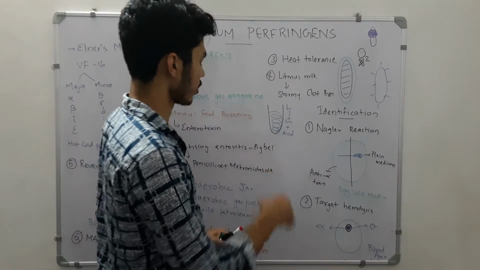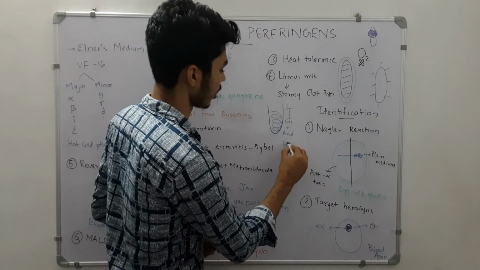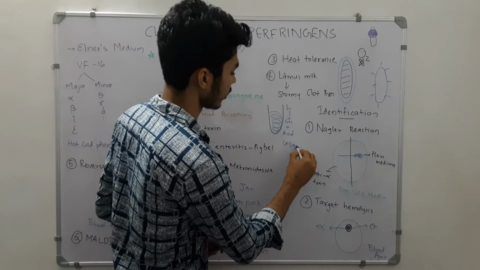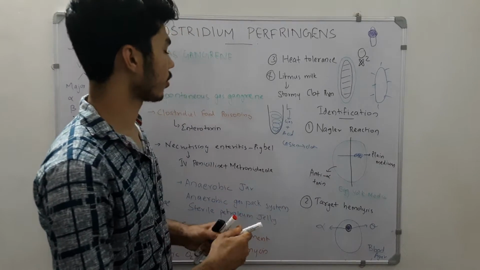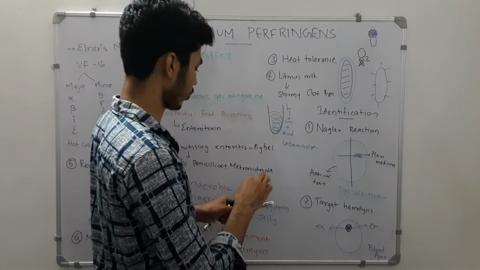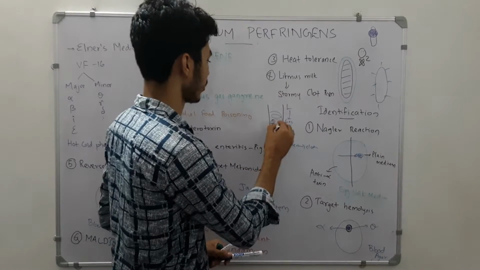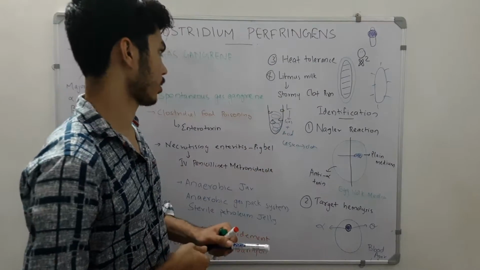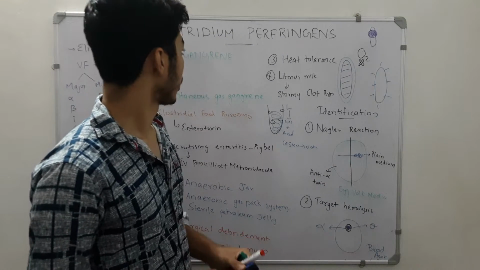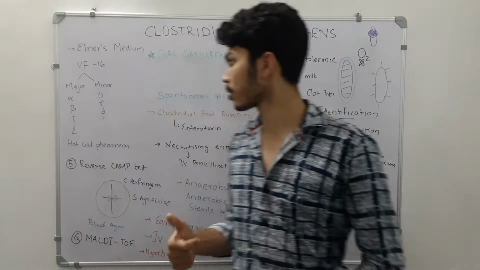This acid converts the casein into a clot, which forms like a stormy pattern, here and there. That is called the stormy clot reaction. In that way, we can identify the Clostridium perfringens.